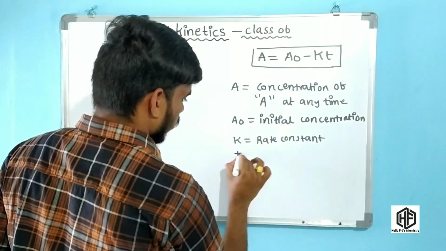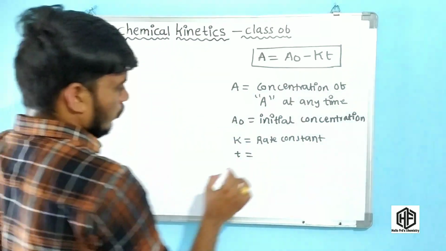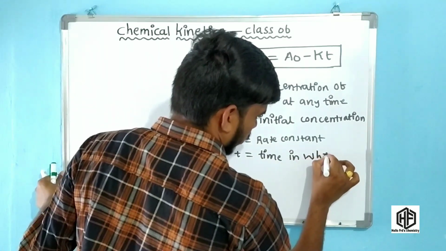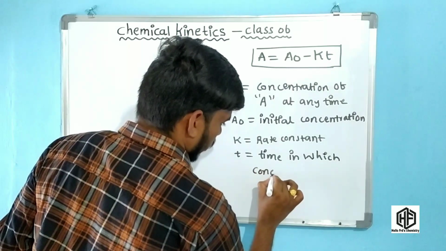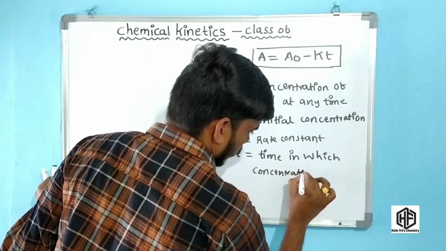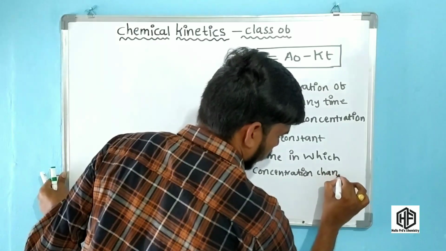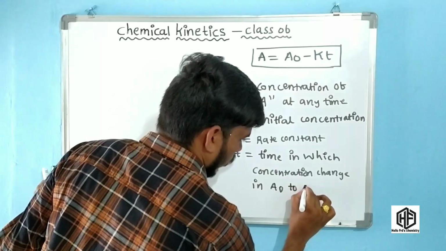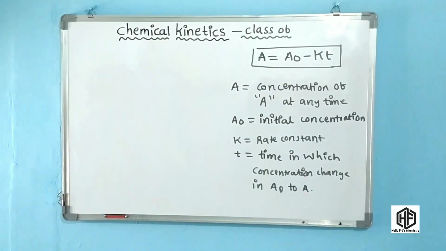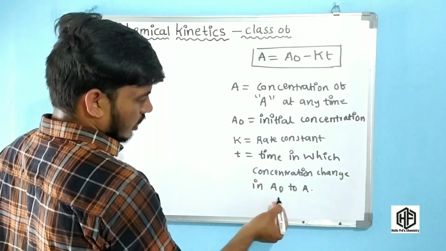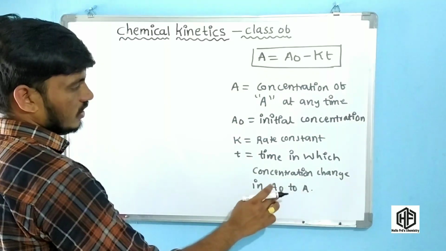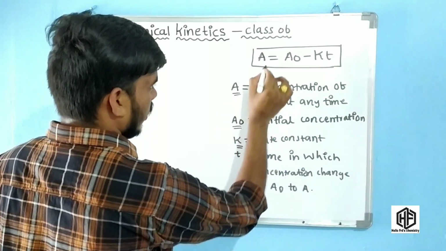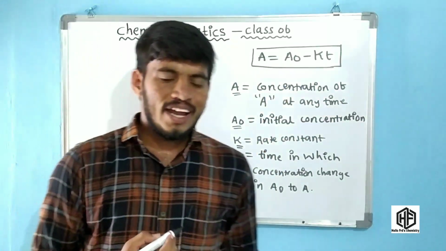t is the time in which the concentration changes from A naught to A, initial to final. k is the rate constant, A naught is the initial concentration, and A is the concentration of A at any time.